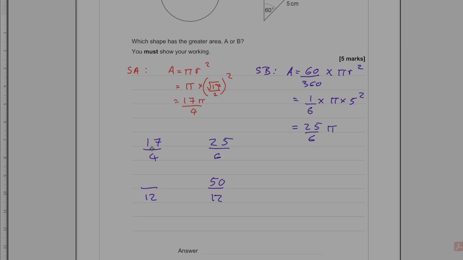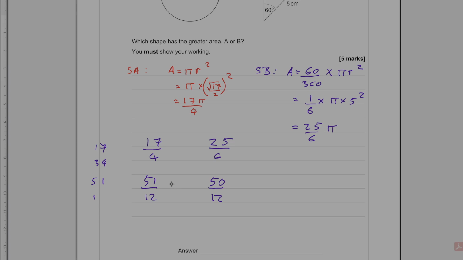So 17 times 3 would be 34, 51. Let me just double check that in my head. 7 plus 4 is 11. Yeah, 51.